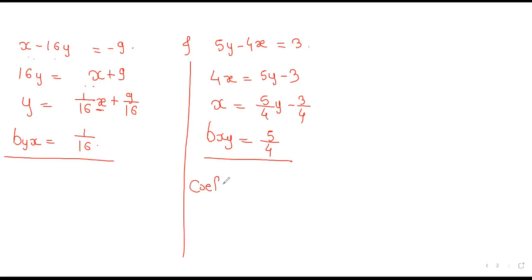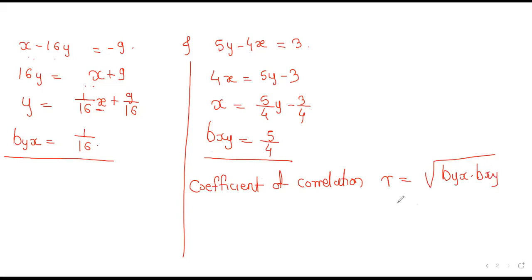Now coefficient of correlation small r is equal to square root of byx into bxy, which is equal to square root of 1 upon 16 into 5 by 4.